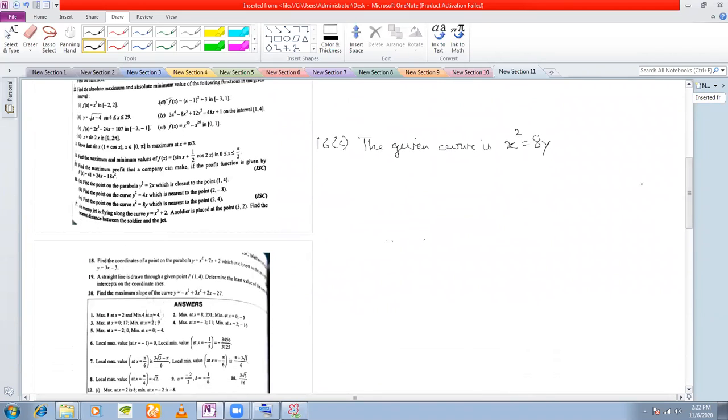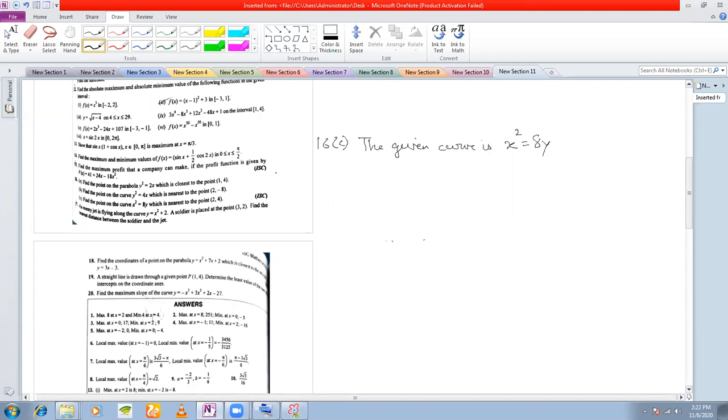The given curve is this. So for the nearest point, what do we do? Nearest point means that the distance has to be minimum, right?